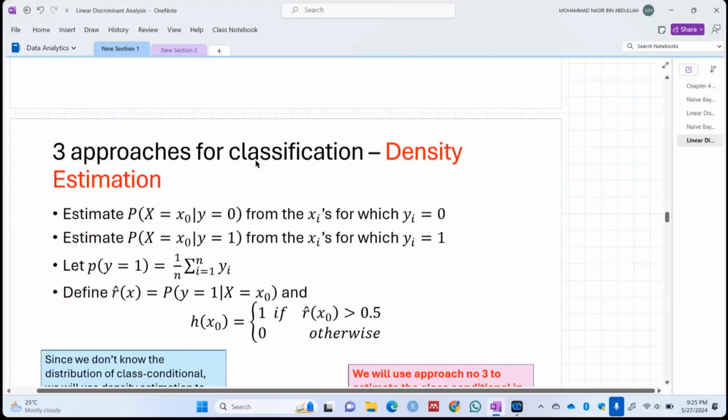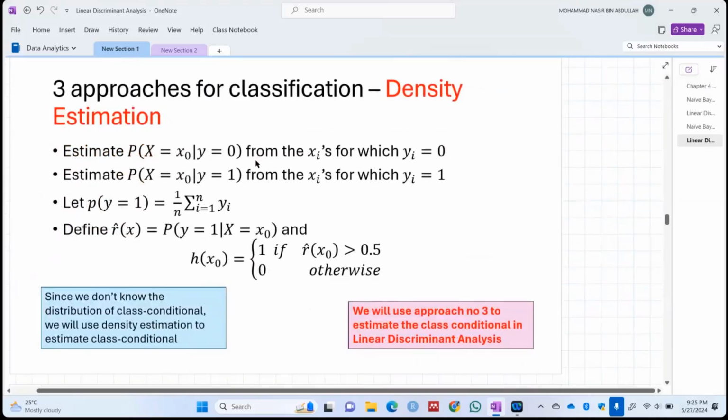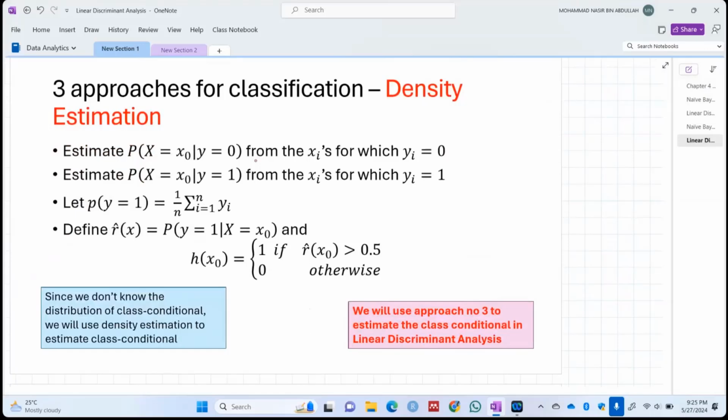The third classification approach is to compare the probability of each class, and the class that gives the highest probability, we classify to that class.